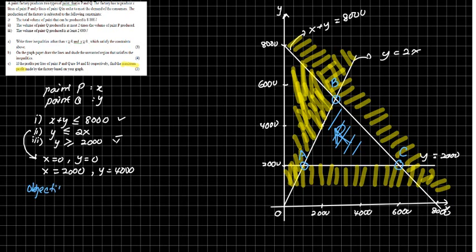I put P for profit, where the profit of pen P is $4 and for pen Q is $3. So P equals 4x plus 3y. This is what we call the objective.